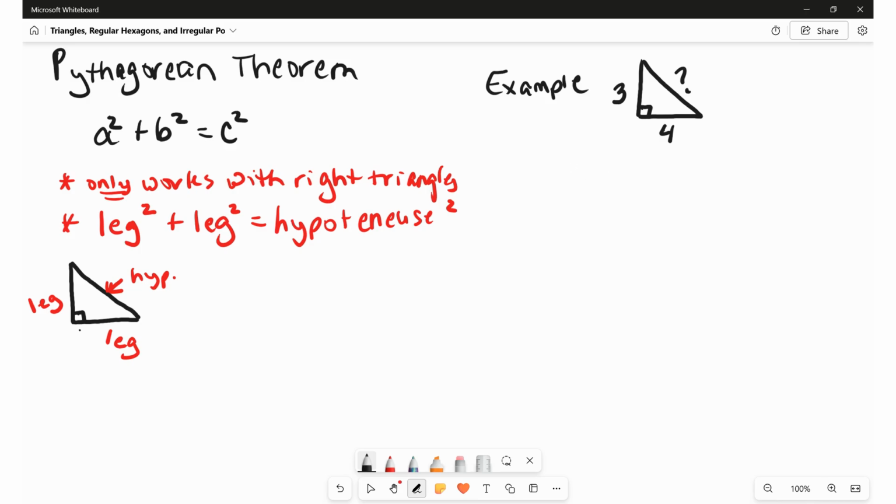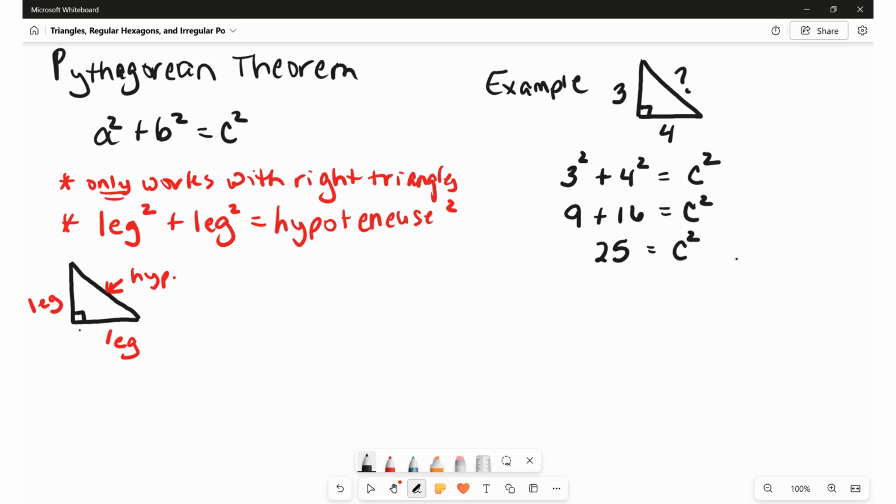Well, remember, leg squared plus leg squared is equal to hypotenuse squared. When we put this in our calculator, we get that this is 9 plus 16, 25.